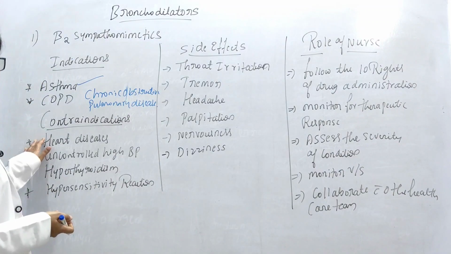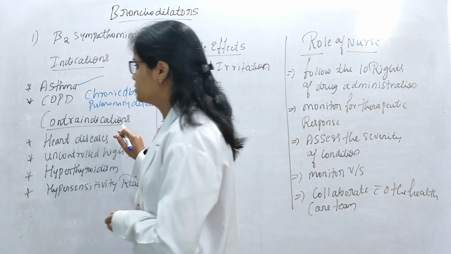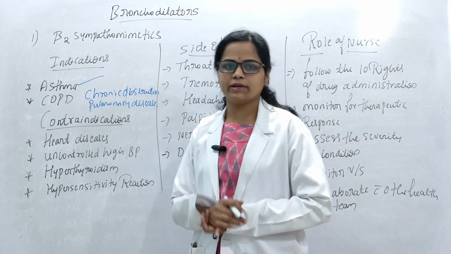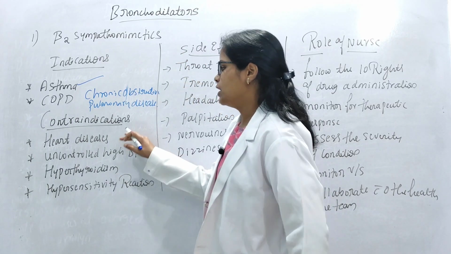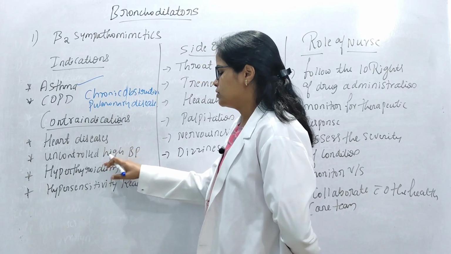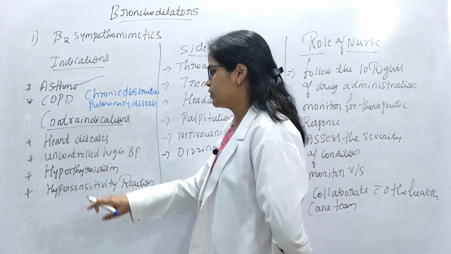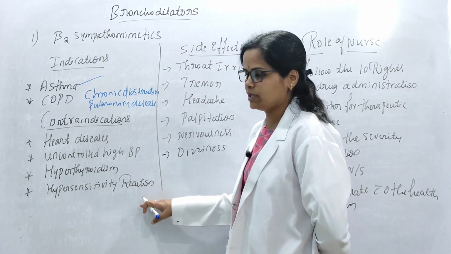And next is contraindications, which means in which conditions we should not administer beta 2 sympathomimetics. Here: heart diseases, uncontrolled high blood pressure, hyperthyroidism, and hypersensitivity reactions.